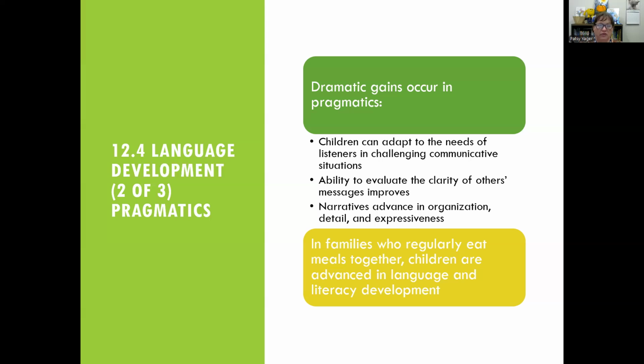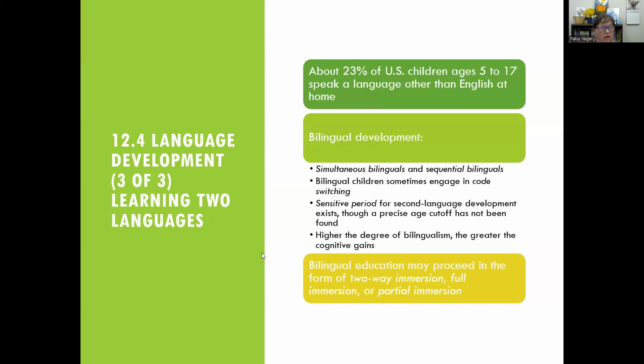That's the difference between sitting around a table and eating together as a family versus taking your plate or your tray into the living room and eating in front of the television, right? There's no real communication that way. But if we purposefully sit down as a family and eat together and have that conversation, we can see a lot of growth in language development.